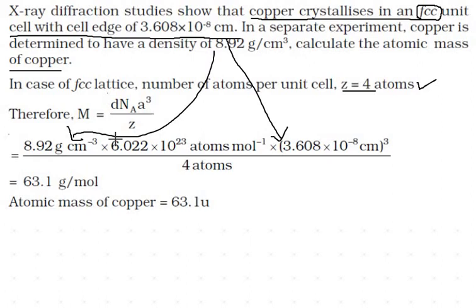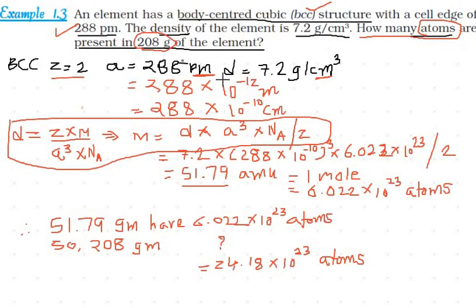Let us substitute all the values, and D is 8.92 gram per centimeter cube. Please note, in the previous example I converted this into centimeter. The reason was because the cell edge length is given in picometer and the density is in centimeter cube. So it has to be in the same unit.